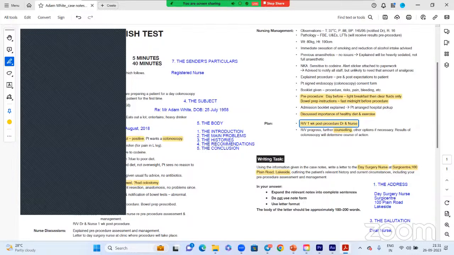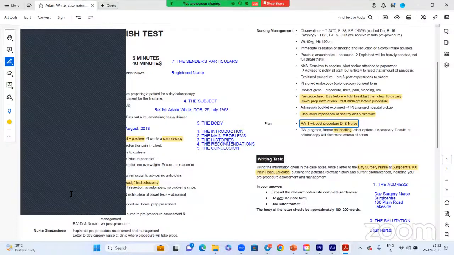Review, an appointment for review by the doctor and the nurse after a week has been scheduled.